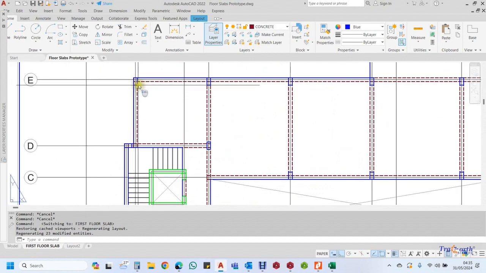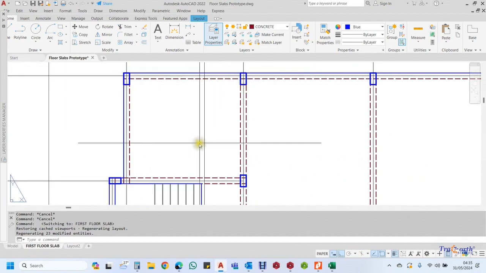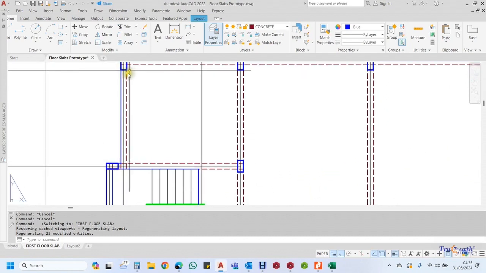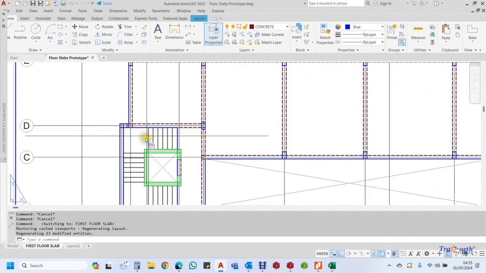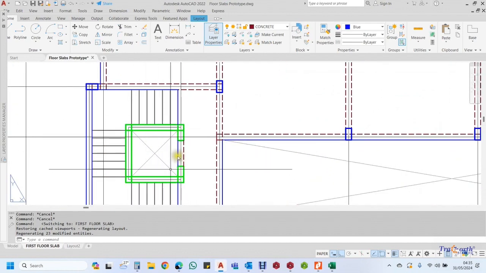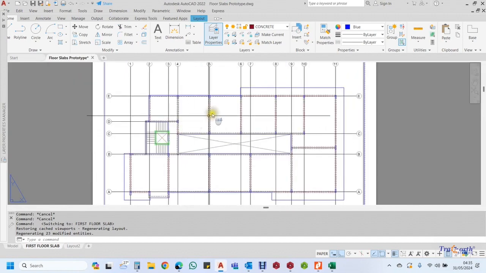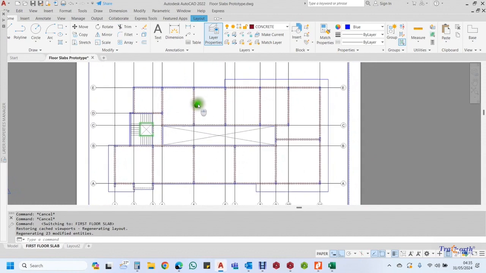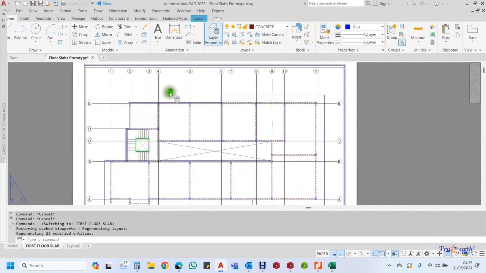So here we have our columns, the rectangular shape is the column, and then what we have here is our beam. In this case, this is our staircase and our core wall. That's the lift shaft.